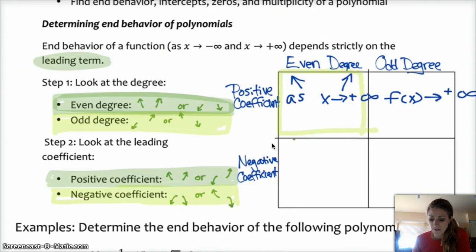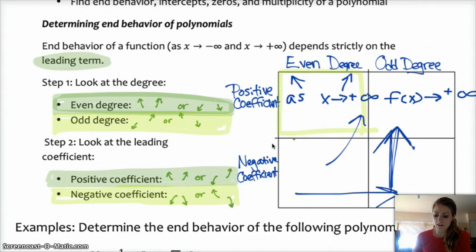Basically what that means is as I make my x go further and further to the right, as I make x really, really big, my function f of x, which is y, also goes up. And so you end up with an end behavior that looks like that, okay?